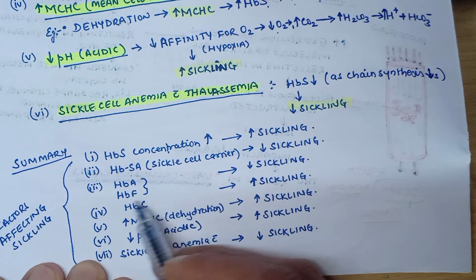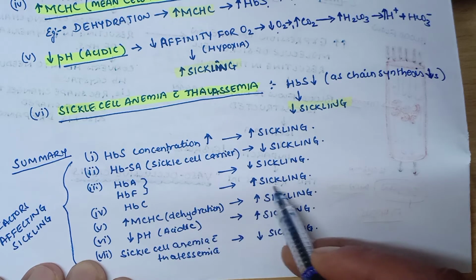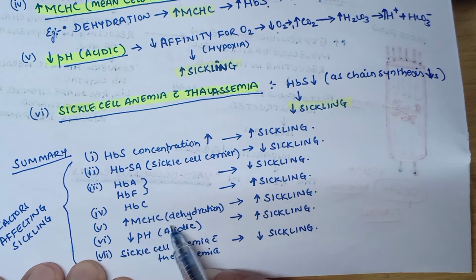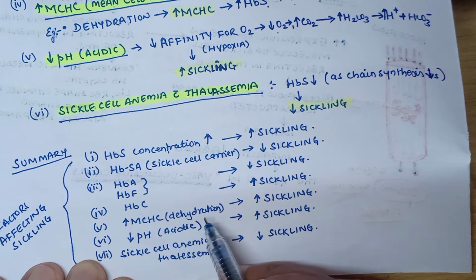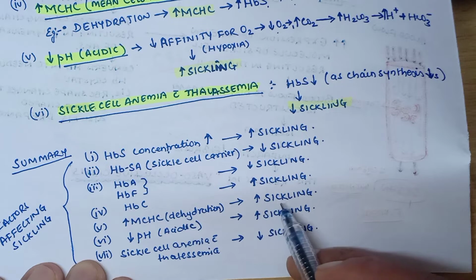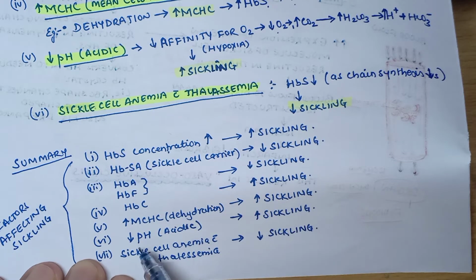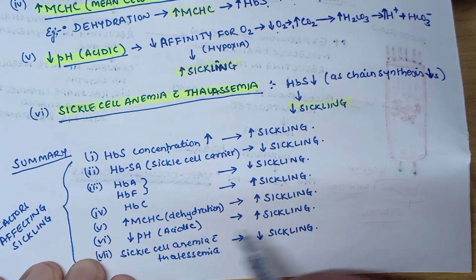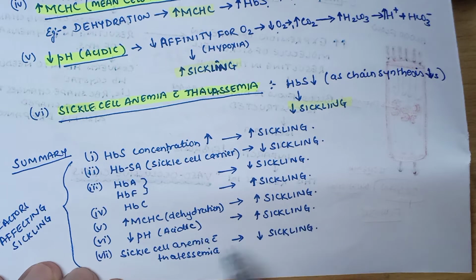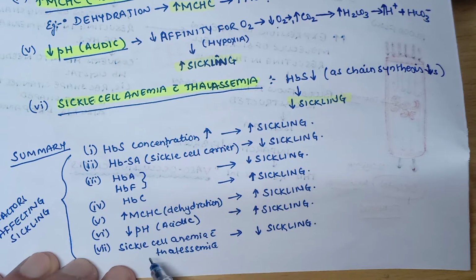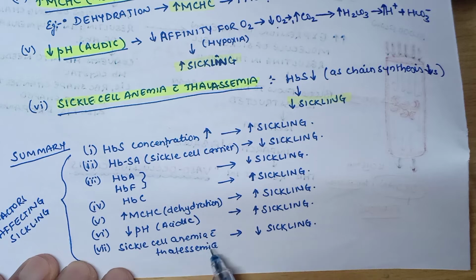In case of HbC, there will be increased sickling. In MCHC, due to dehydration, there will be increased sickling. In acidic or low pH, there will be increased sickling. And in case of sickle cell anemia with thalassemia, there will be decreased sickling.